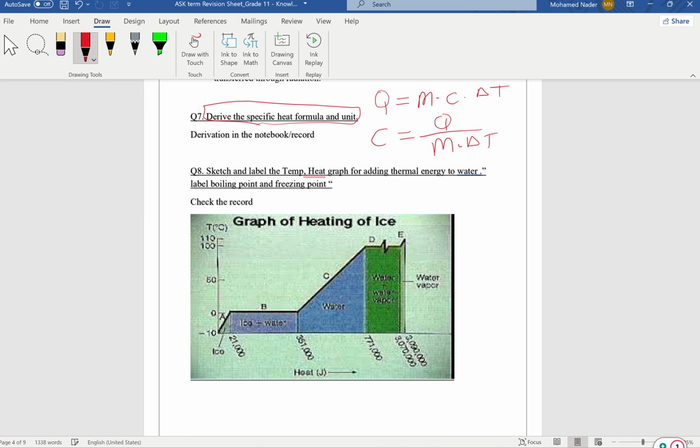So this is the formula of the specific heat. If you want to know the unit of specific heat, it's easy because we know that the unit of heat, or amount of heat, is joule, the unit of mass is kilogram, and the unit of temperature is Kelvin. So the unit of specific heat becomes joule over kilogram times Kelvin, and we call this the SI unit.